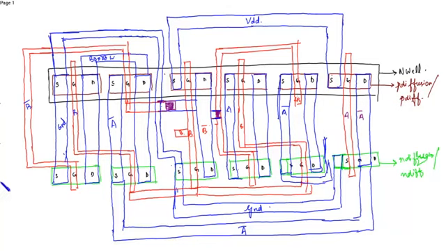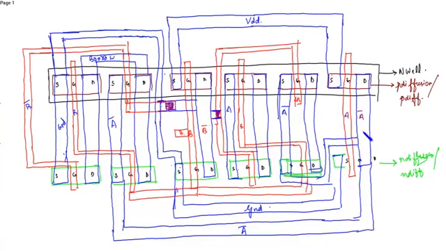Okay, we'll erase this part. And redraw. So this is connected like this. It's connected to A bar.